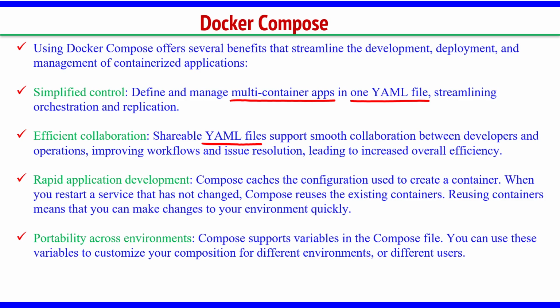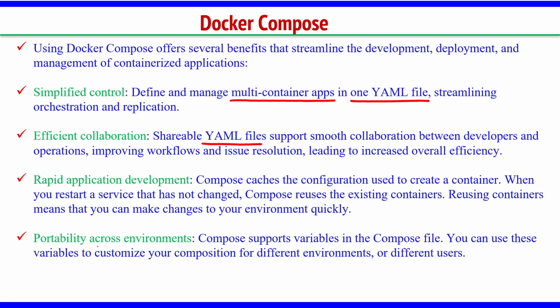Shareable YAML files support smooth collaboration between developers and operations. Rapid application development. You are not wasting time creating one container after the other, right? You are doing it quickly. Okay, so you are dealing with all the containers, all the images in a single go.